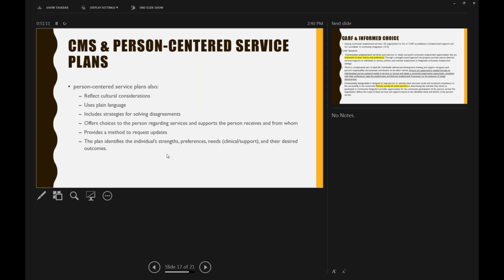Does the form that we use allow us to document the informed choice that is provided? Are we not capturing everything that we're doing with this person? Because again, if it's not documented, it didn't happen. And many of the organizations out there that I'm familiar with are doing really good things. It's just not being reflected in the person's record.